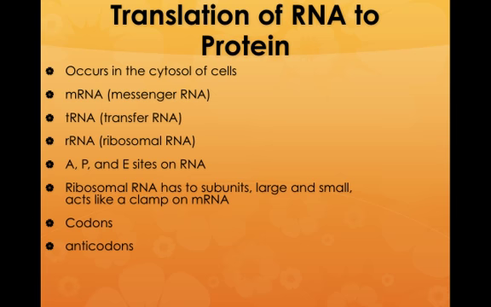Remember here, something a little bit different is we're going to be reading the mRNA strand in the 5' to 3' direction. So where we make DNA and RNA, reading in the 3 to 5 direction, and we make in the 5 to 3, in translation, we're actually going to be reading the mRNA strand starting on the 5' end and moving in the 3' direction.